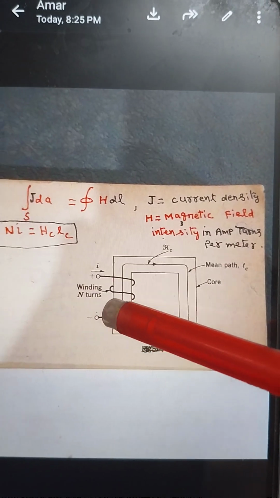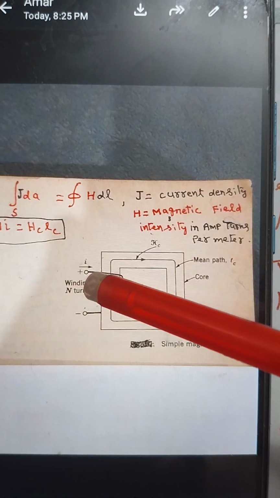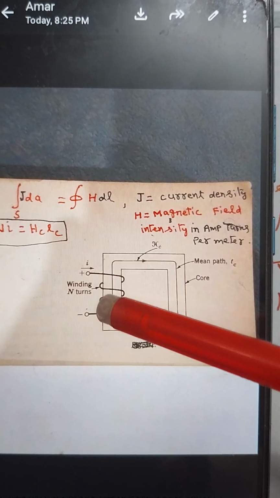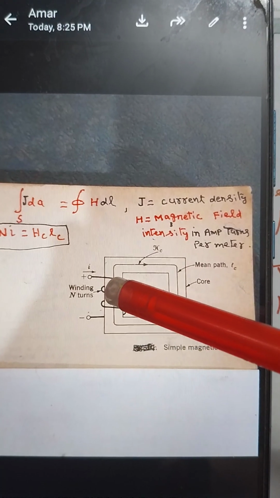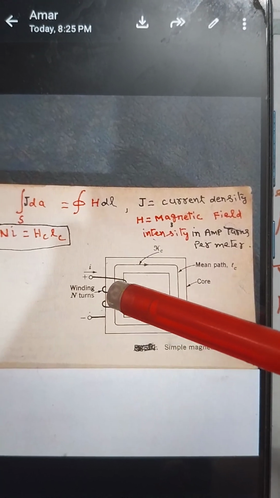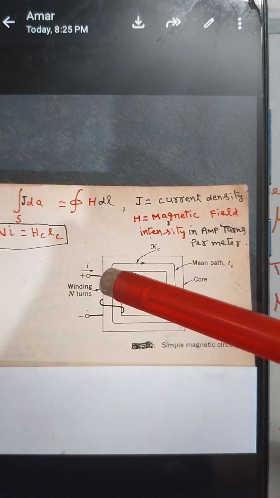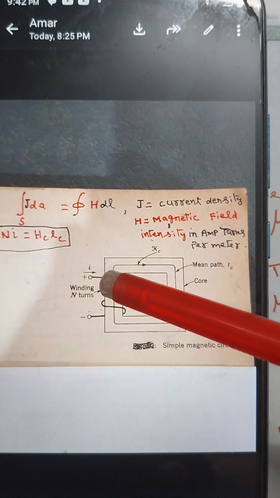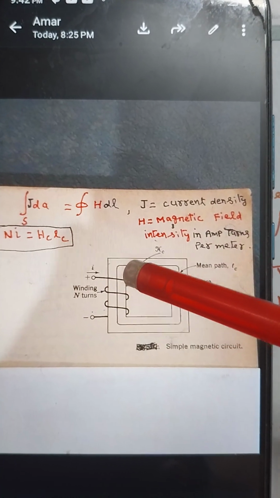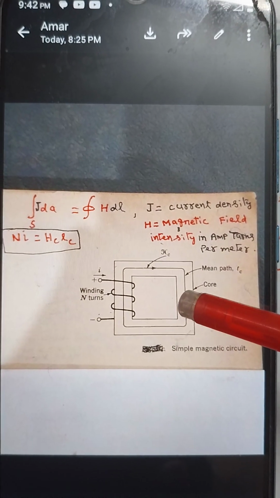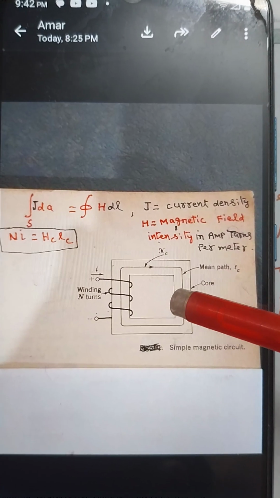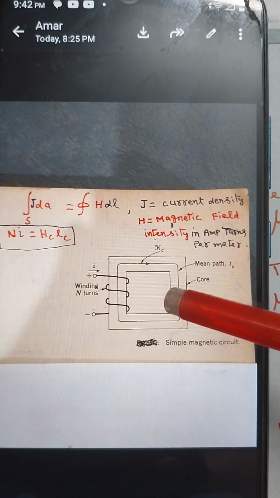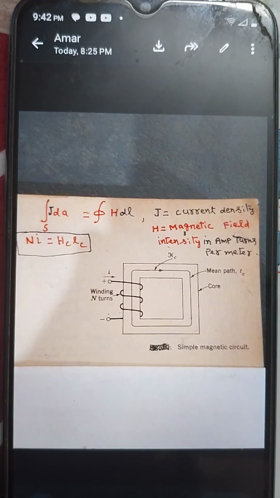Due to Faraday's law of electromagnetic induction, a varying magnetic field will be created by virtue of an alternating source. This AC source will create a magnetic field, which will come down here and induce EMF in the coil wound on this circuit. This is the principle of the transformer.